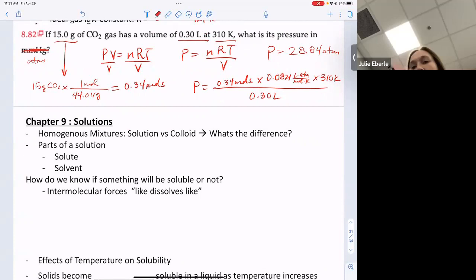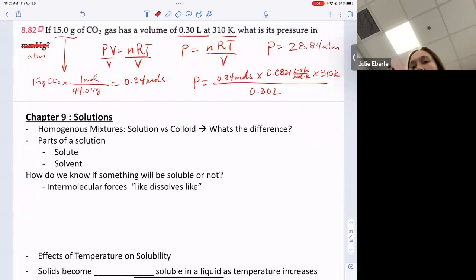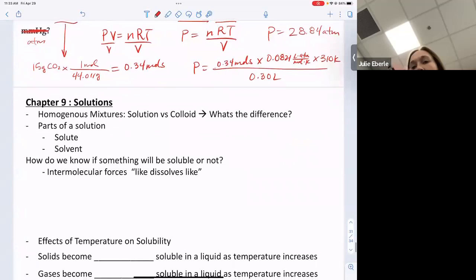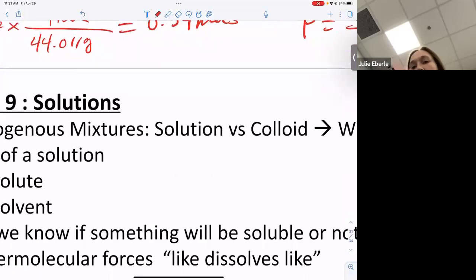All right, chapter 9 sometimes reminds me of chapter 7. There are just so many little topics that we covered. The first one was understanding what a solution is and the difference between a solution and a colloid. A solution is a homogeneous mixture. And we said that a solution has smaller particles.